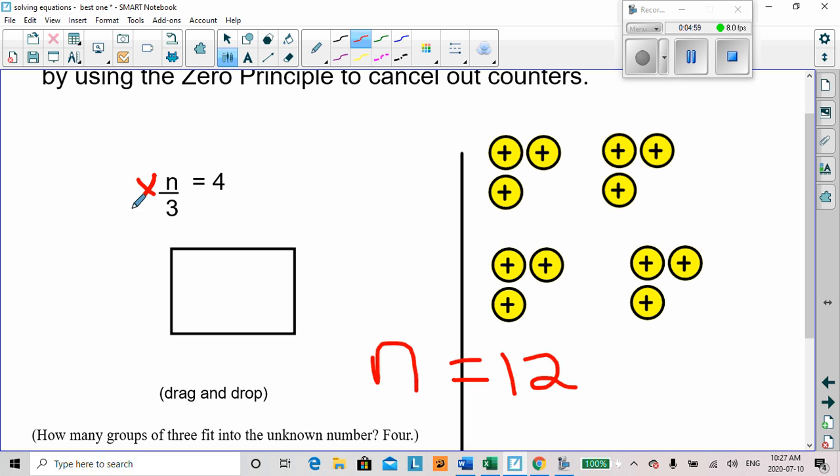So if I multiply both sides by 3, then you can see the right-hand side is equal to 12, and on the left-hand side, I'm multiplying by 3 and dividing by 3. Because those are opposite operations, they cancel each other out, and I'm just left with n equals 12.